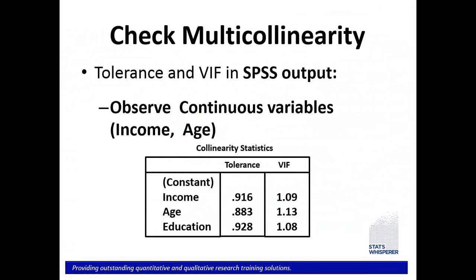So we notice that the tolerance is high. It's definitely not below 0.20, and the VIF is fine. They're all around 1. So that indicates that there is not significant correlation between the predictors, right? Now, a word of caution. This mostly refers to two continuous variables being correlated with one another, like income and age.